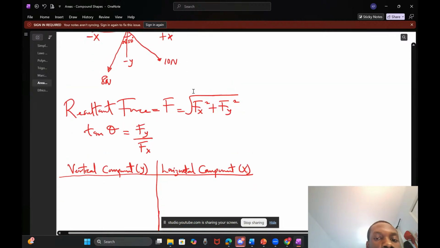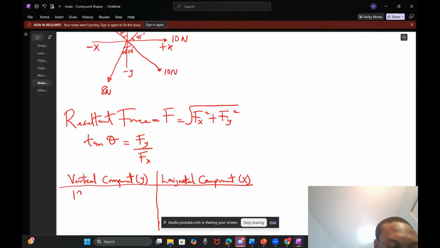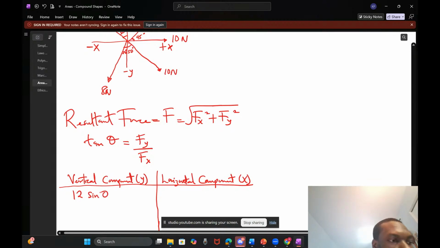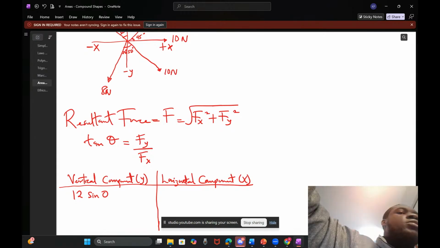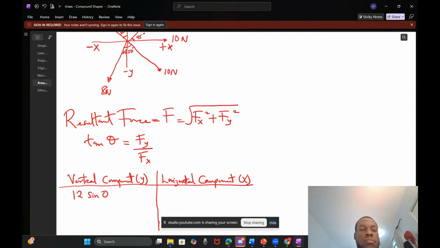Okay. So that will be 12 sine 0. Let me just make sure I have my calculator beside me. So 12 sine 0 will be equal to 0.